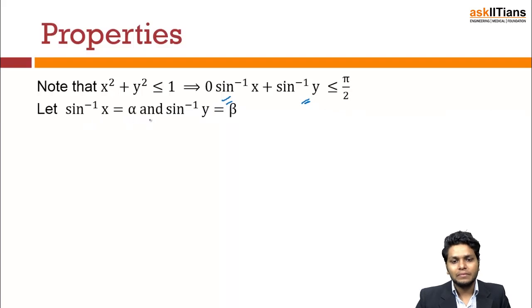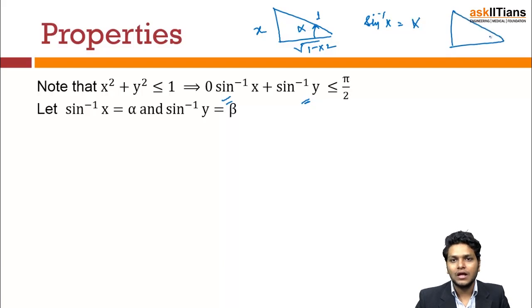Assuming the very basic thing that I have been explaining from the start, if sine inverse x is equal to some angle alpha, I will take a triangle in which one angle is alpha, and sine alpha is x over 1. So the other side will be root of 1 minus x square. Similarly for y, I have taken an angle beta. This will be y over 1, and the other side will be root of 1 minus y square.